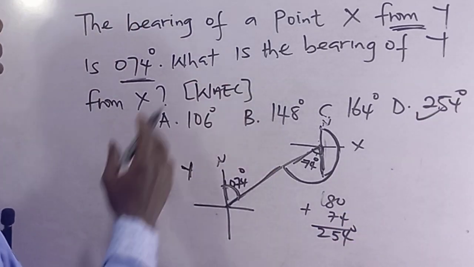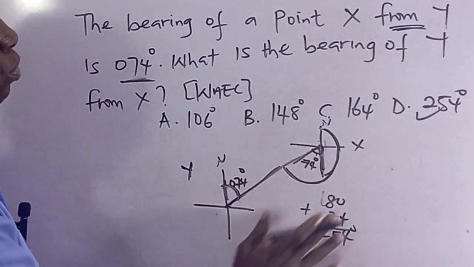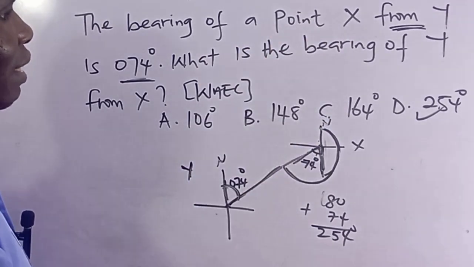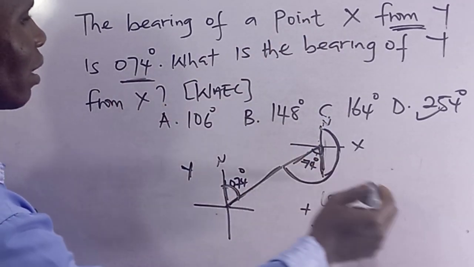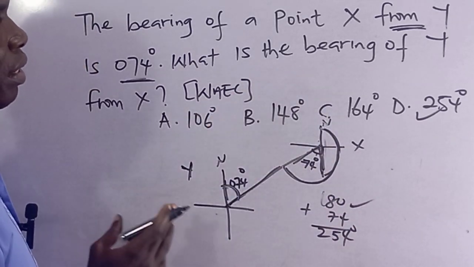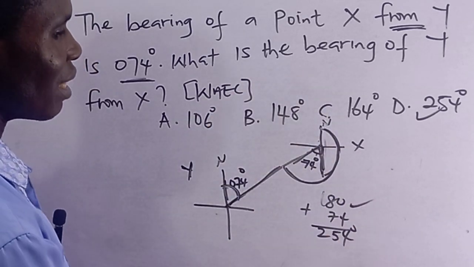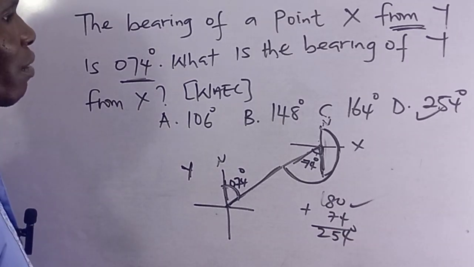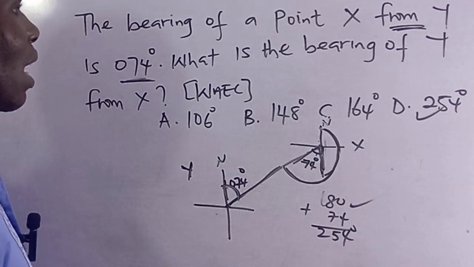But since this is an objective question, we don't need to do all this. If the forward bearing is less than 180, you add 180 to it and you get the back bearing. But if the forward bearing is more than 180, you subtract 180 from it and you get the back bearing.